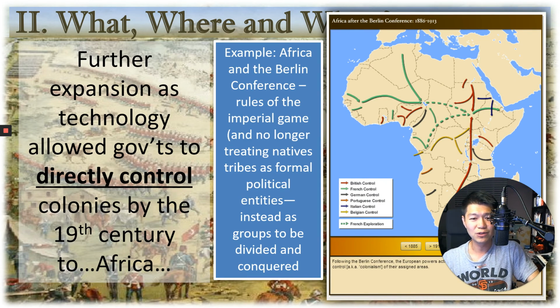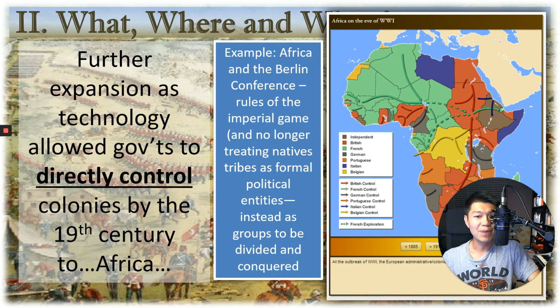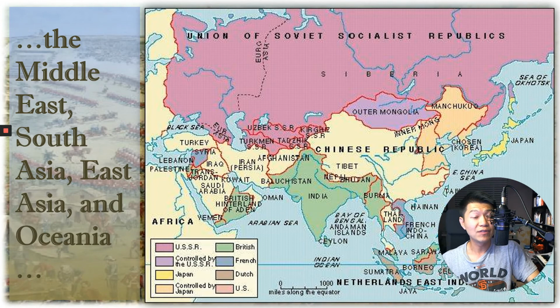And so as a result of this control, by the 20th century, Africa is almost completely controlled by Western European states. They're going to have a different effect and different outcomes in the empires of East and South Asia, but again, will also be influential in creating empire.